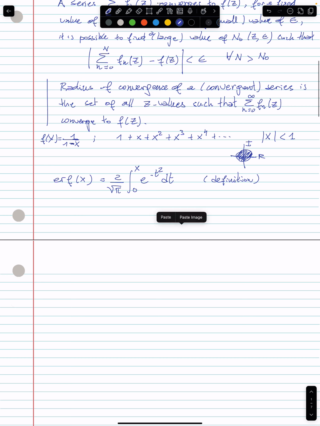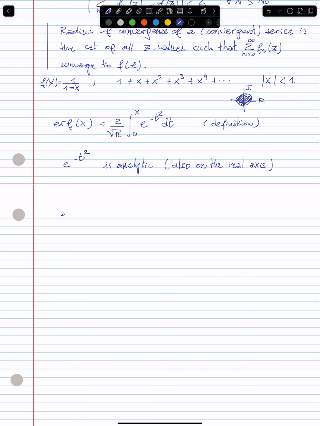All right, and so in order to evaluate this integral, we could just observe that the exponential of minus t squared is an analytic function in the entire complex plane, so of course also on the real axis, and it can be expanded with a Taylor series expansion.